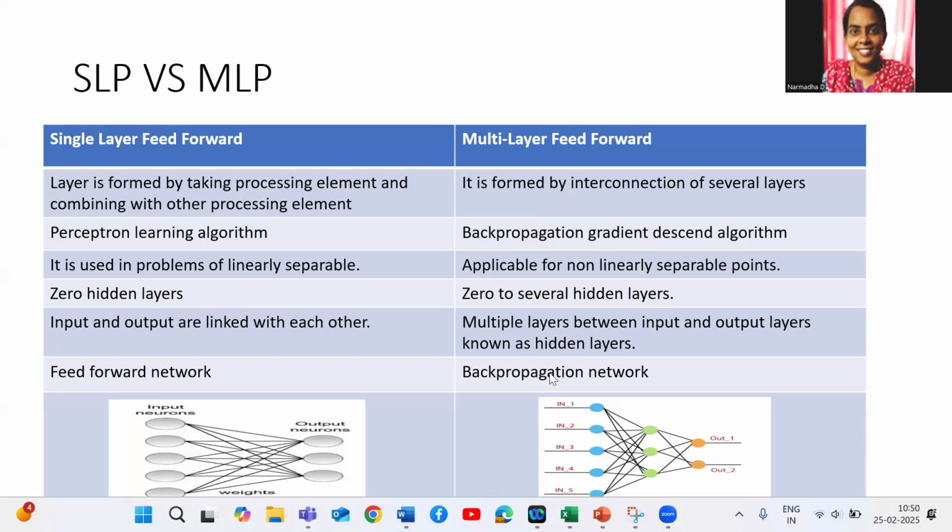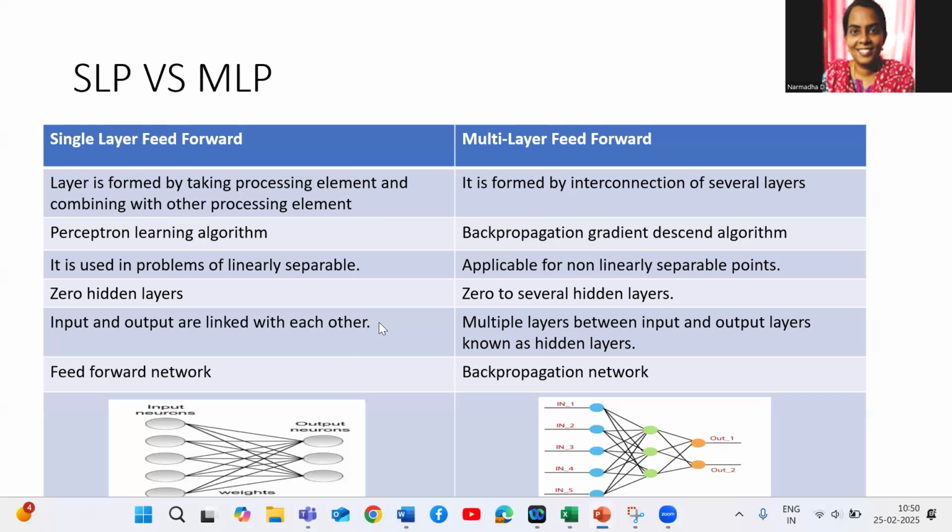Here this includes back propagation, where depending upon the error that is calculated, if the accuracy is less, we go back and perform the weight updation.